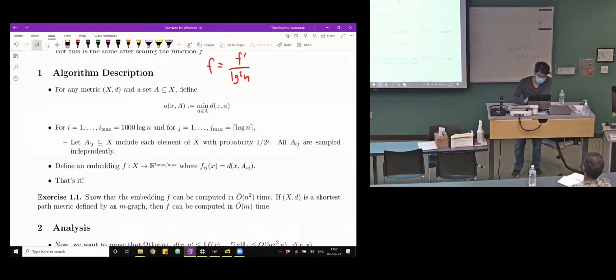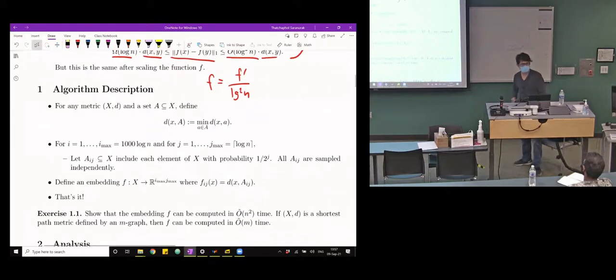Now let me describe the algorithm. This is a very powerful tool, but it turns out the algorithm is very simple. So first, let me define this thing. We have a metric, right?